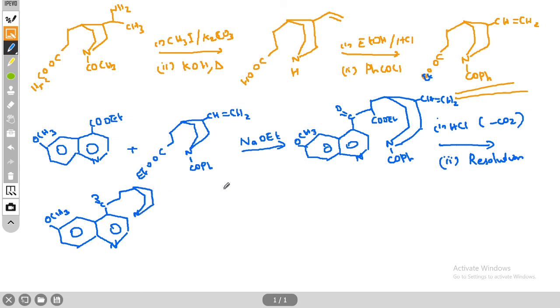Then when it is hydrolyzed, this group is also hydrolyzed. NH, CH=CH2. Okay, the plus isomer is taken.